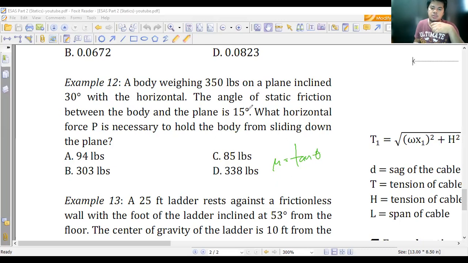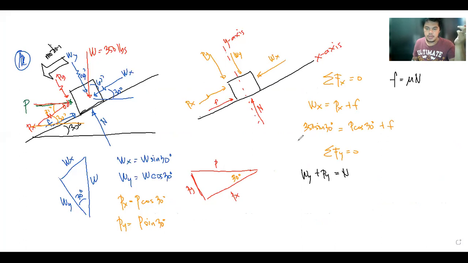So mu is already given in the problem. So we go back to the whiteboard presentation. Wy plus Py, so Wy is 350 cosine of 30.